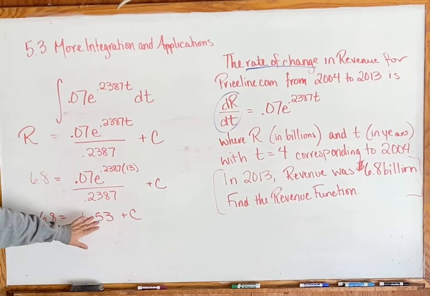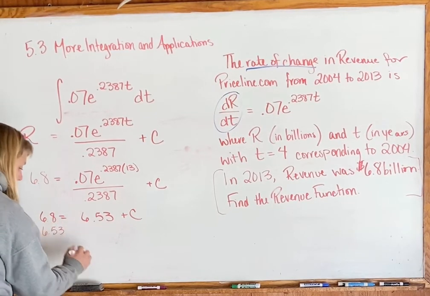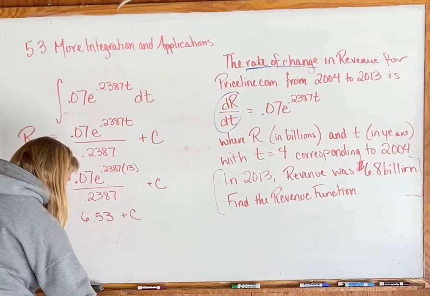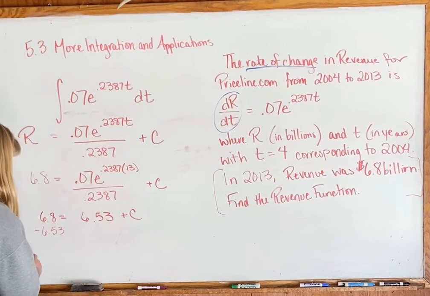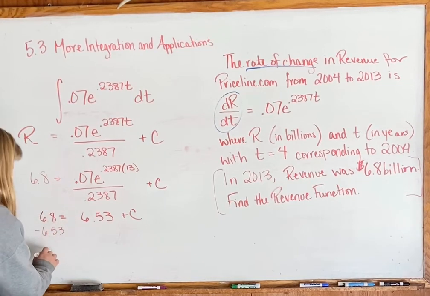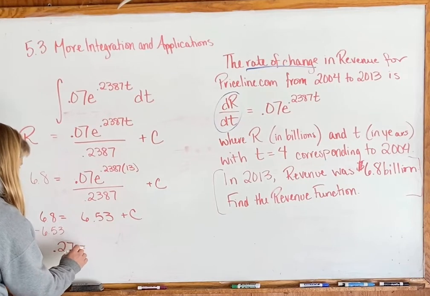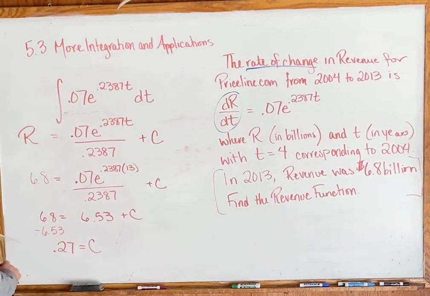Now in order to get that c alone, we'll just subtract 6.53, which will give us 0.27 equals c. Make sure that I didn't screw this up. Look good?